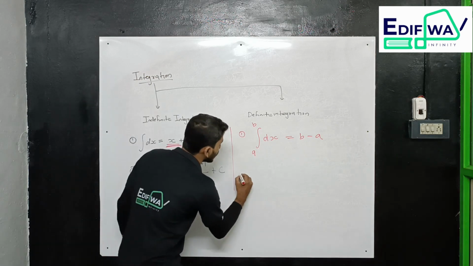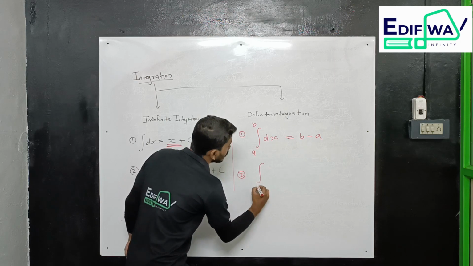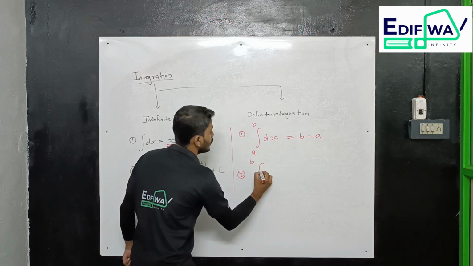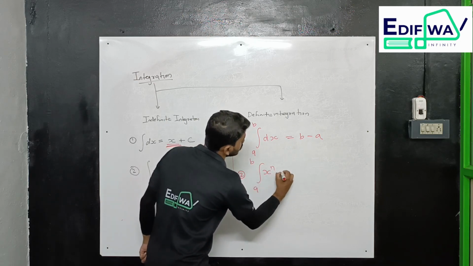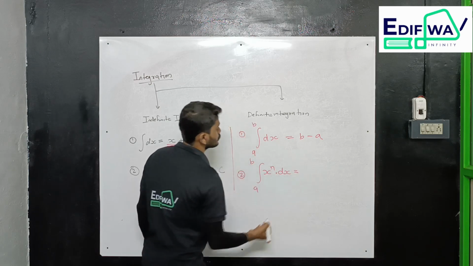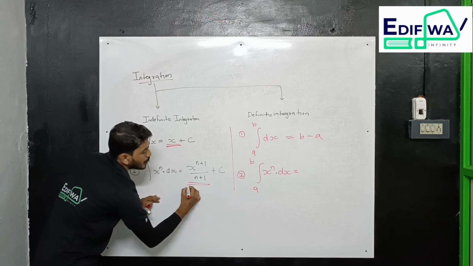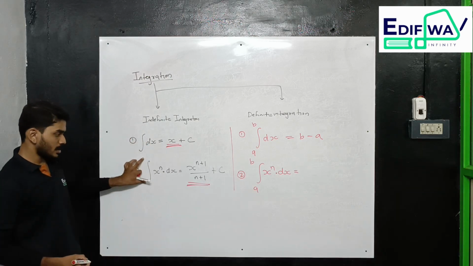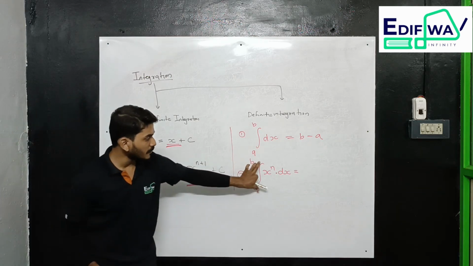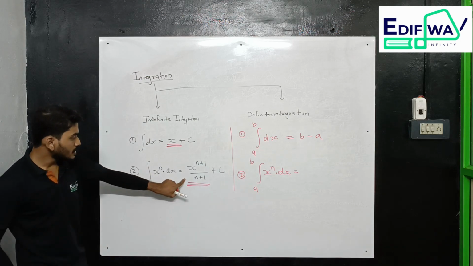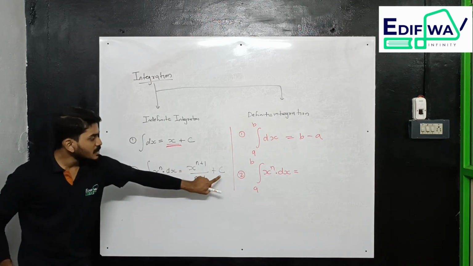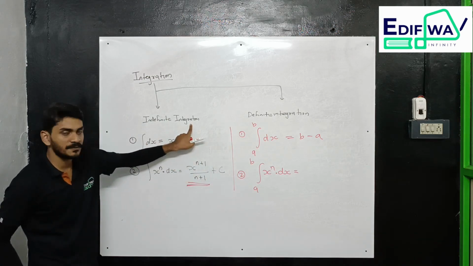Now the second one is integral a to b x raised to n dx. How to do that? What about the answer? This is the answer part, right? It is indefinite, this is definite. The plus c appears only because it is indefinite integration.